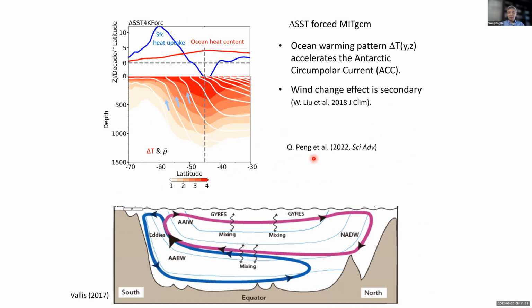So I'll briefly explain why in the Southern Ocean we now expect the ACC to accelerate. This is basically the meridional overturning circulation of the world ocean.